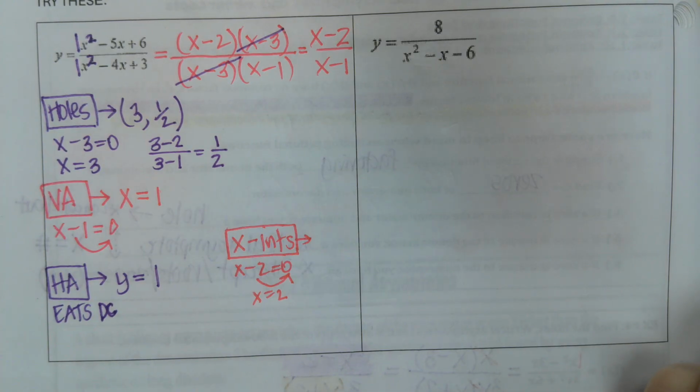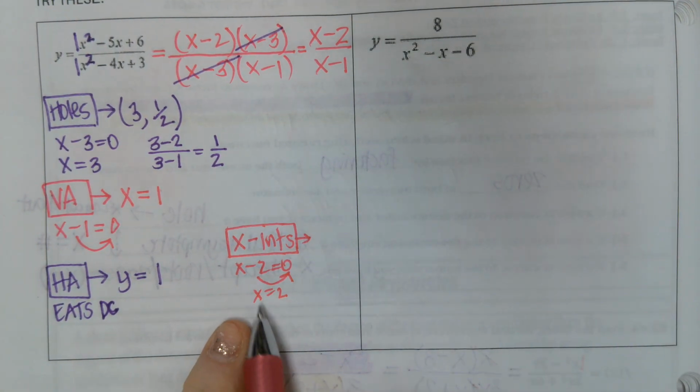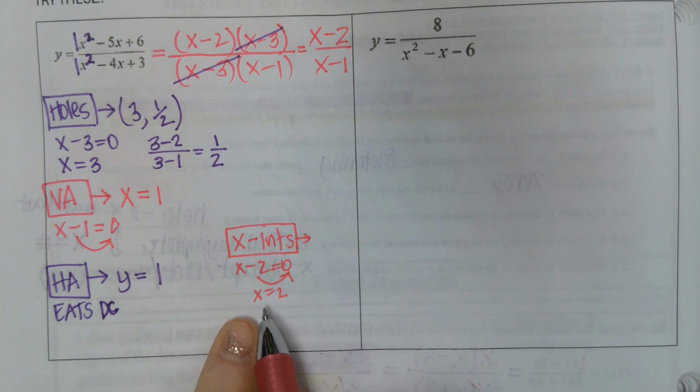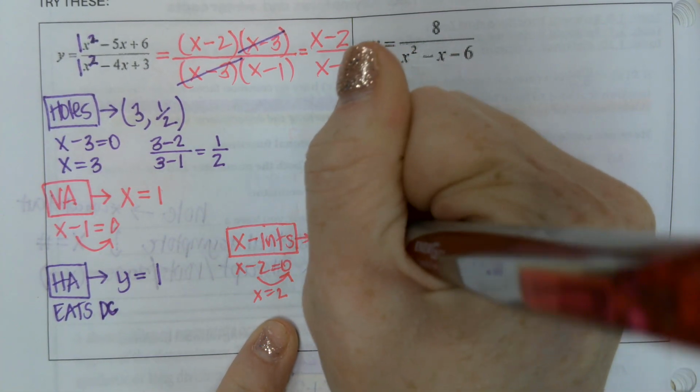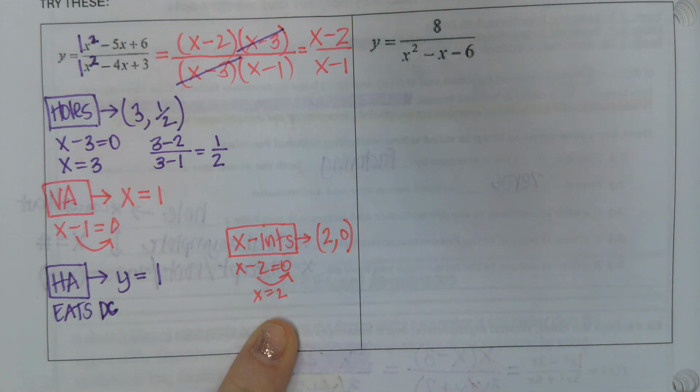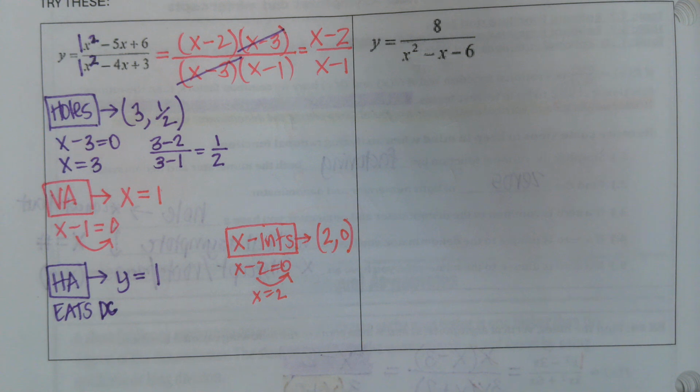But is that the notation that I will write my x-intercepts in? No, because this right here is the equation of a line. I am looking for a specific point, so I will write that as the ordered pair 2, 0. And that's all I want from that.